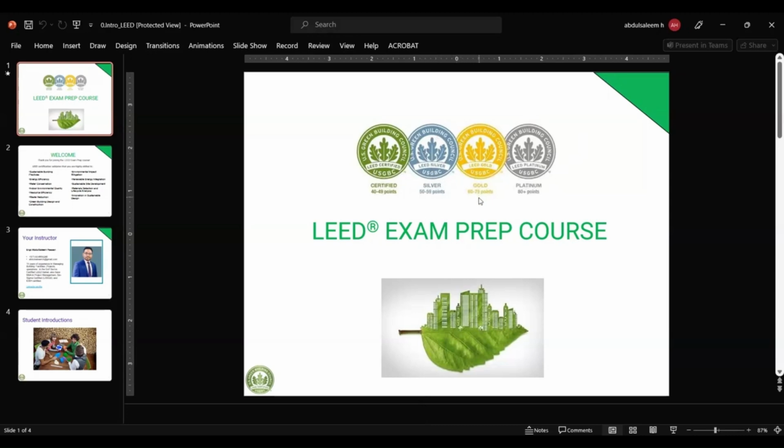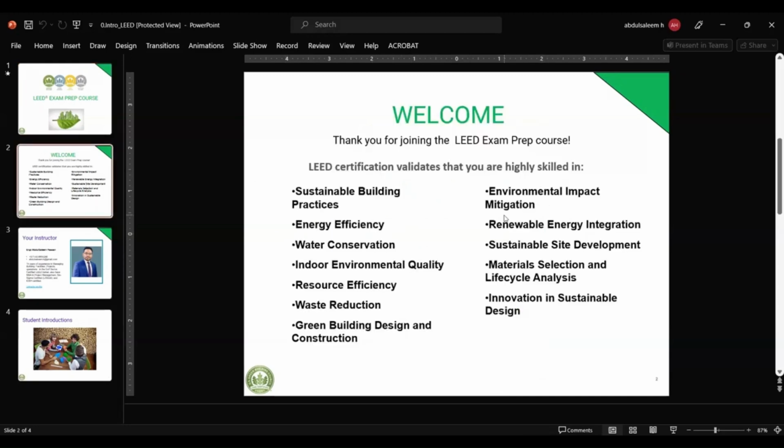Above 60 and below 80, it will be a gold certificate. And the highest certificate is platinum. I think Burj Khalifa got this certificate for operation and maintenance recently, 2024, I guess. So that's about the LEED certification.